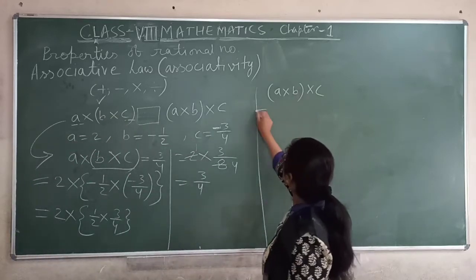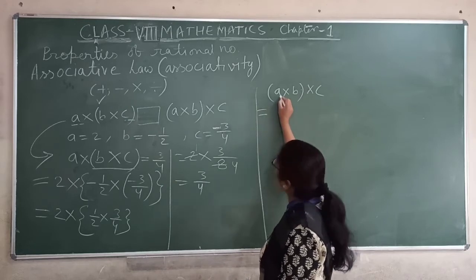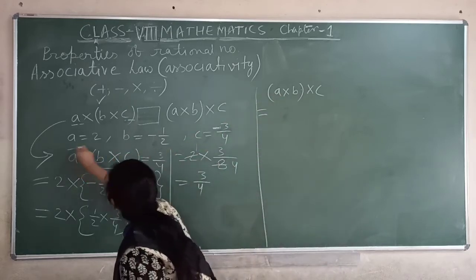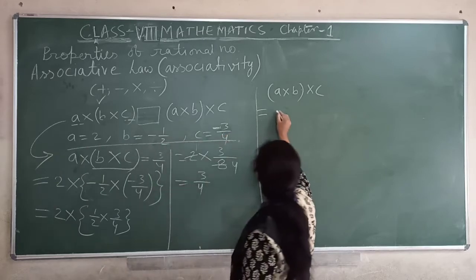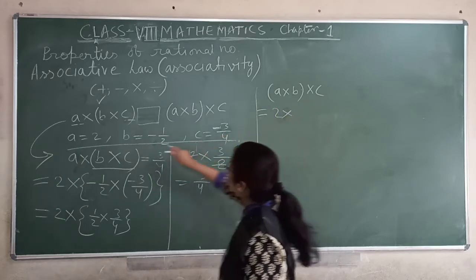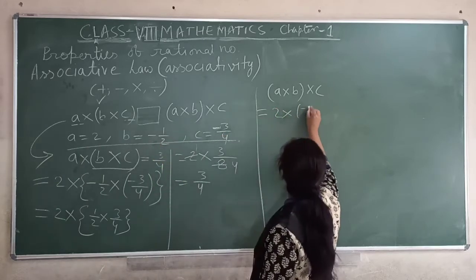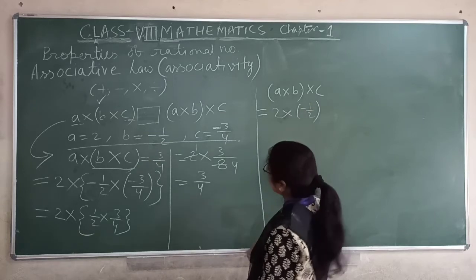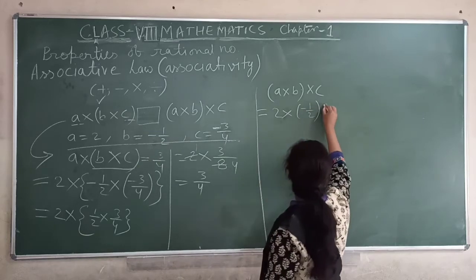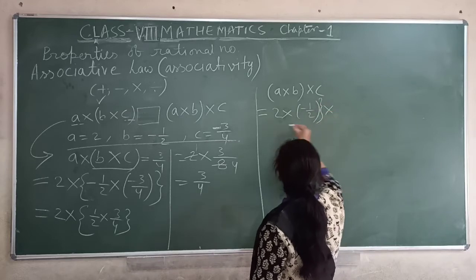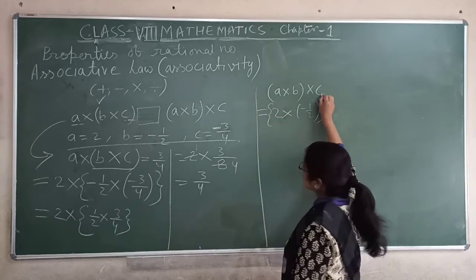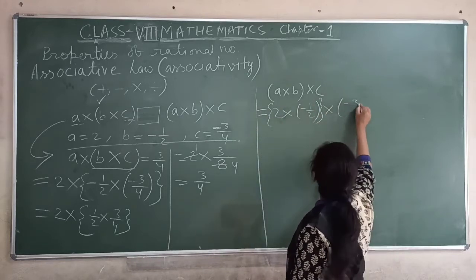Now we will check for this one. What is the value of A? Value of A is 2, into value of B is minus 1 by 2, within bracket this one, and C is minus 3 by 4.